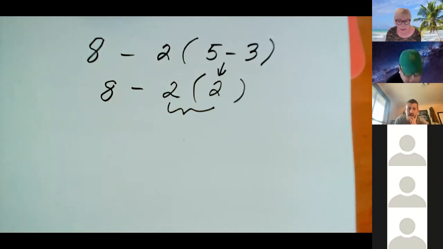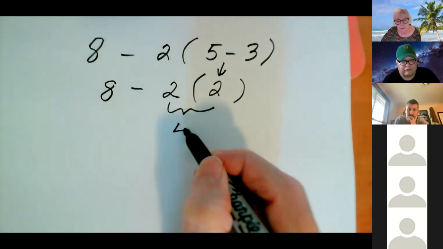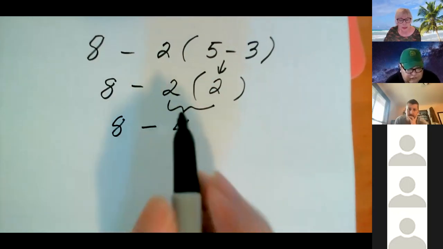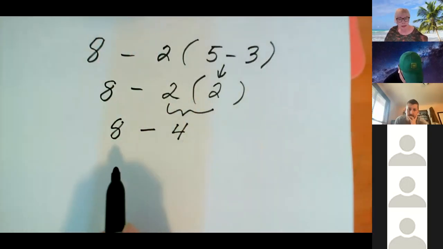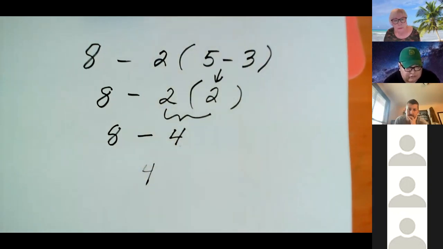Typically, when I do these problems, I get 4 or 5 answers, and they can't all be right. So 2 times 2 is 4, this is 8, and that's subtract. So a mess became less of a mess, became less of a mess, became 4. How do you like it?